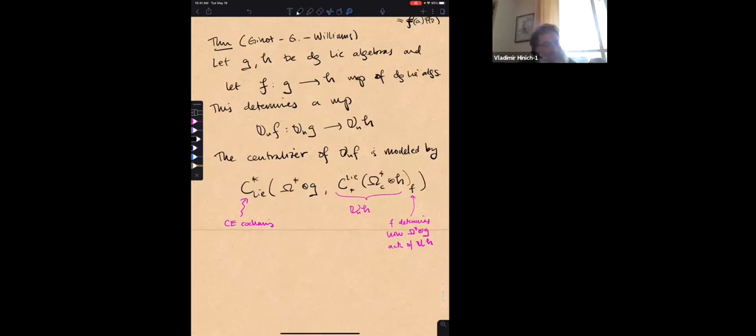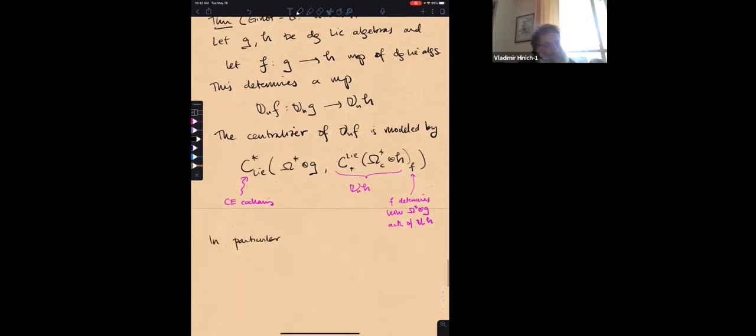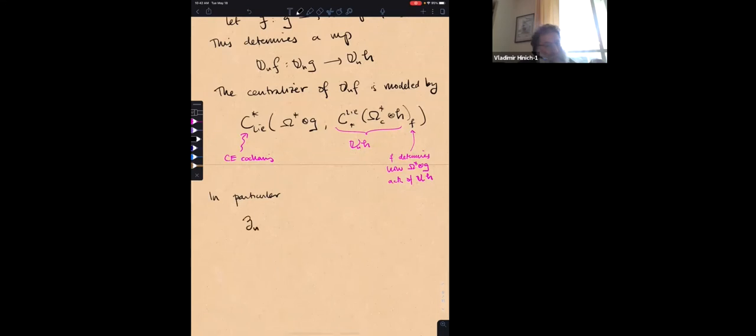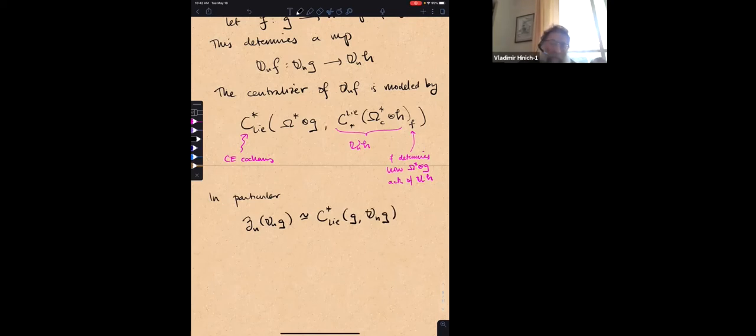Okay, so in particular, the center here is quasi-isomorphic to the Lie algebra cochains of G with coefficients in U_n of G via the adjoint action.